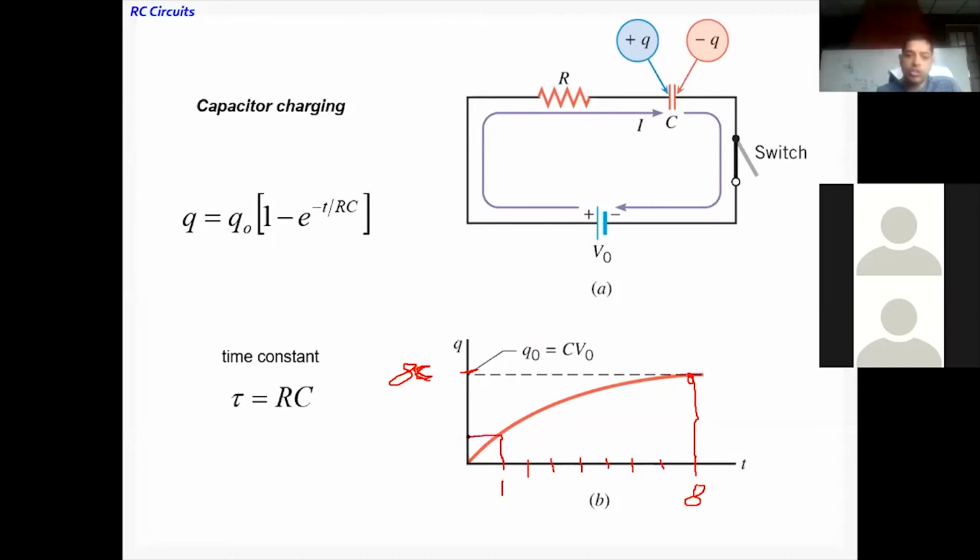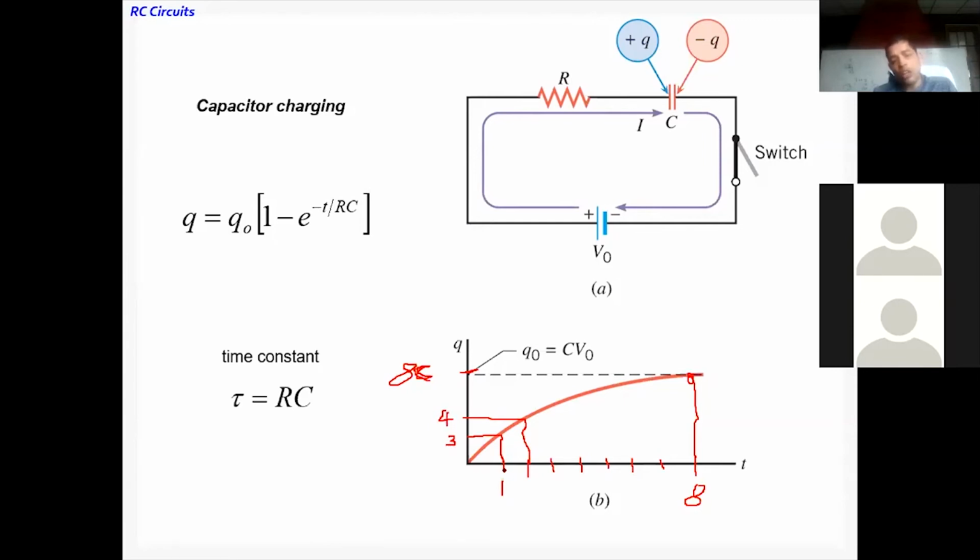So what do you think this one? If this is 8, maybe this is 3. Look, 3 coulomb in the first second. In the next second, how much charge is accumulated there? Looks like this is half of this, right? This is 8, this is 0. Looks like this is 4. So do you understand?